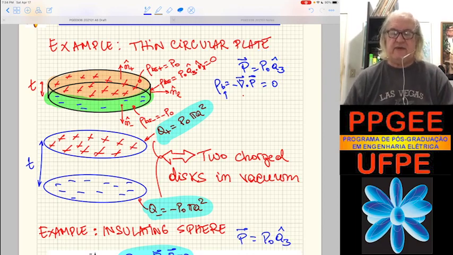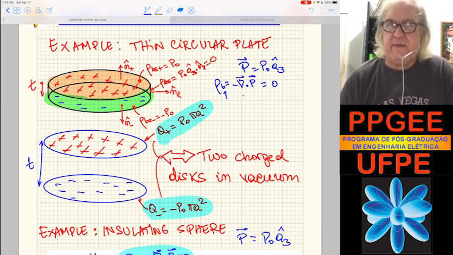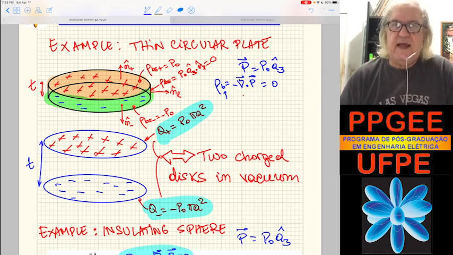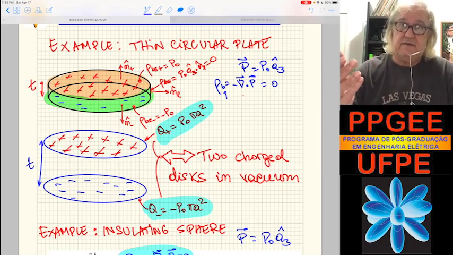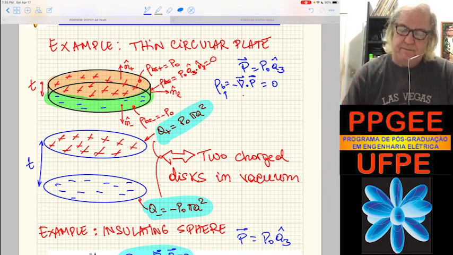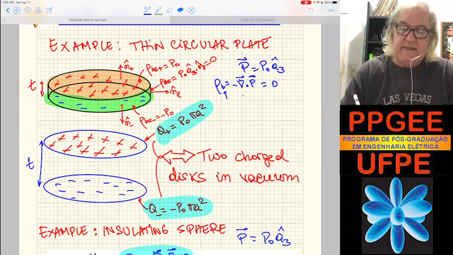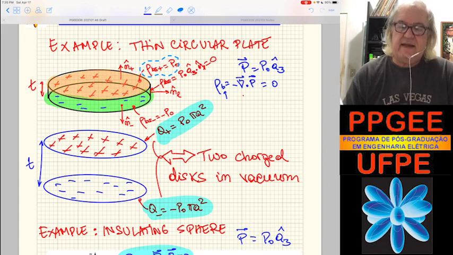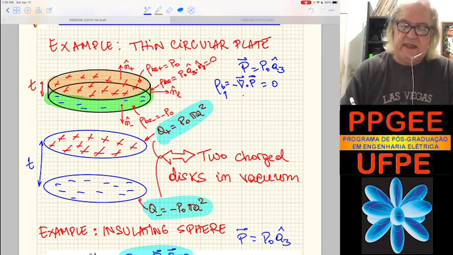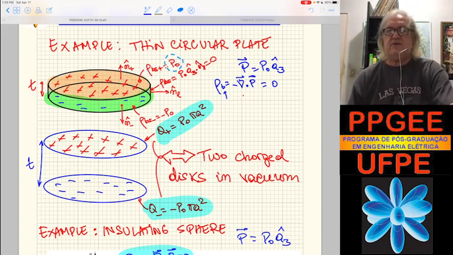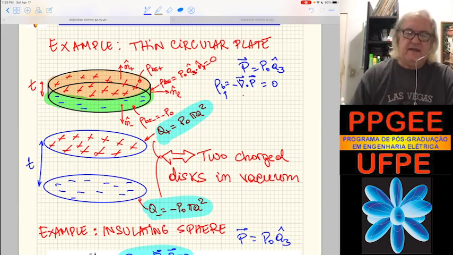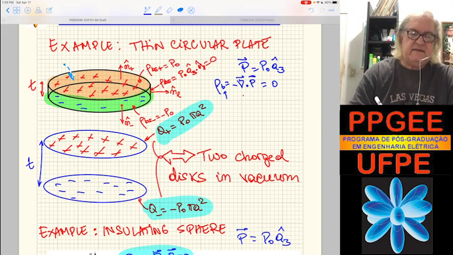But if you go to the surface, we have to find what are the projections of the polarization along the normal direction that points outward the volume. So if you go to the top surface, the normal is a_z, as P is aligned along the z direction, so that there is a residue, right? A surface charge density, which is P0 coulomb per square meter on the top surface of the disk, right?